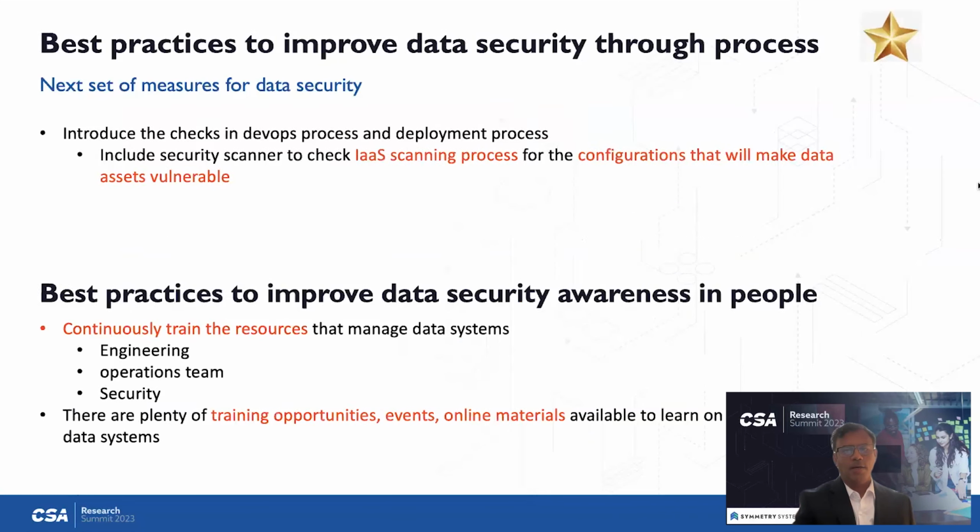Let's look at what best practices we can do at the process level. Running infrastructure as code scanning from the DevOps to production would help to mitigate or reduce or eliminate the risk introduced from the DevOps in the configuration that's going through to production.